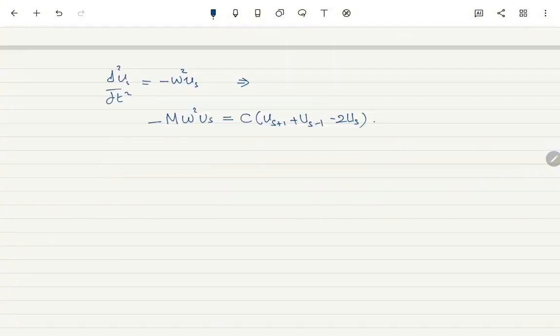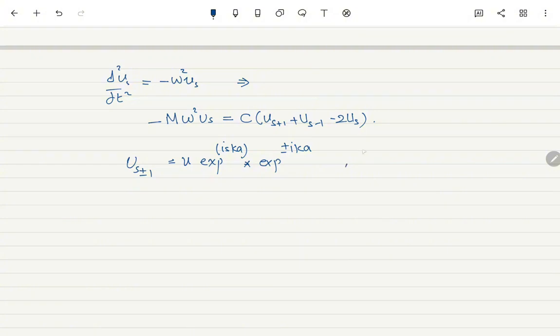And this is a difference equation in the displacement u, which has a traveling wave solution in the form u_{s plus minus 1} equal to u times exponential of i s k a, times exponential of plus or minus i k a.